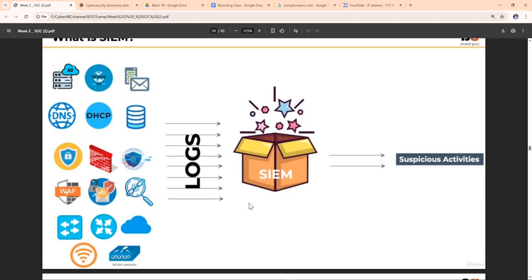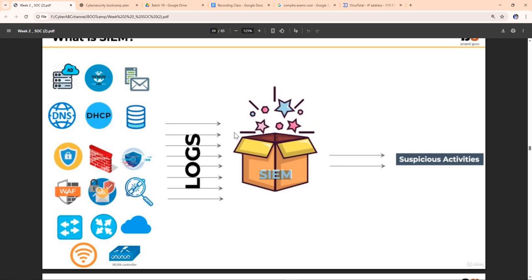This SIEM, in a nutshell, takes logs from all our network devices and devices that we use. It takes all the logs. Those logs will pass through the SIEM. The SIEM will do small magic. I would say small magic for those who are baby IT incomers, but for you, the SIEM actually passes them through some level of configurations and correlation rules.